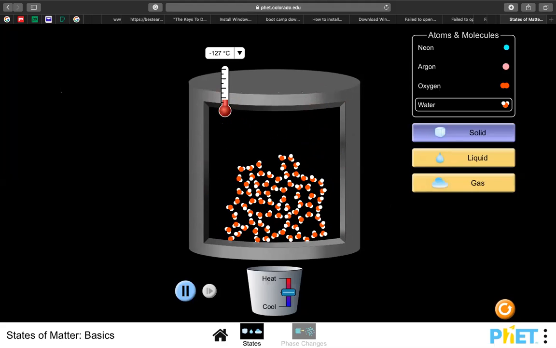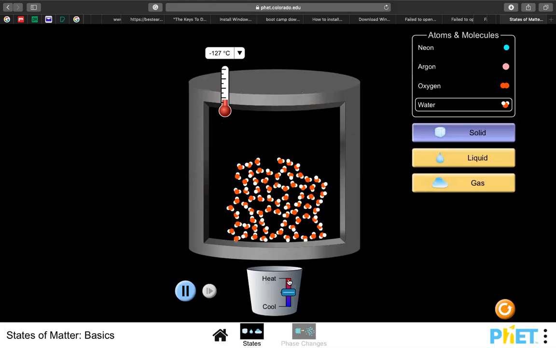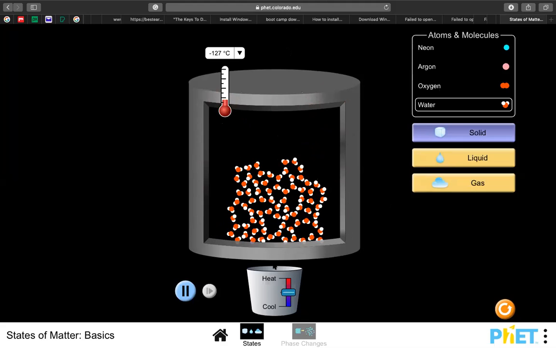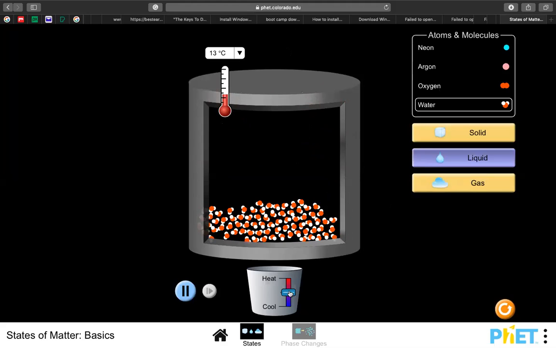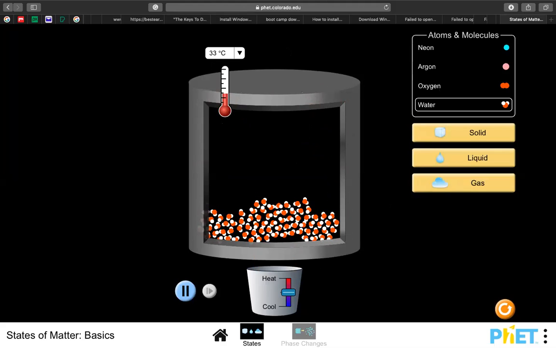Now we can therefore move to specific heat capacity. As we apply heat, we will see that there will be a change in temperature. Let's look at that quickly. Put it in a liquid form, it's at 13 degrees Celsius. If we apply heat, you see that the temperature begins to change.